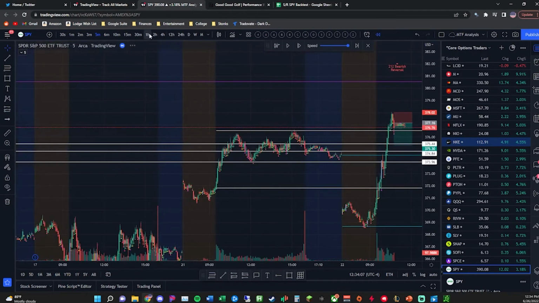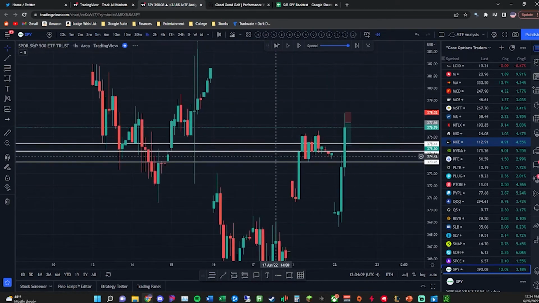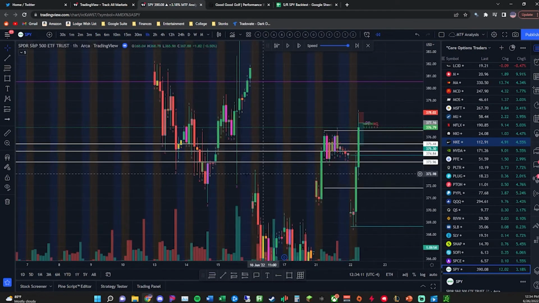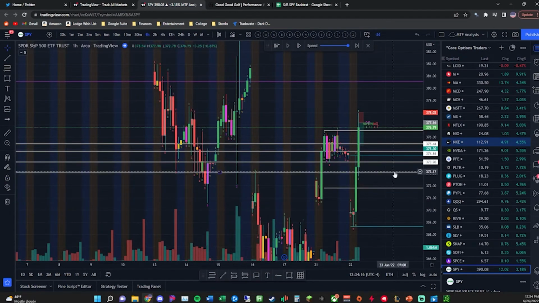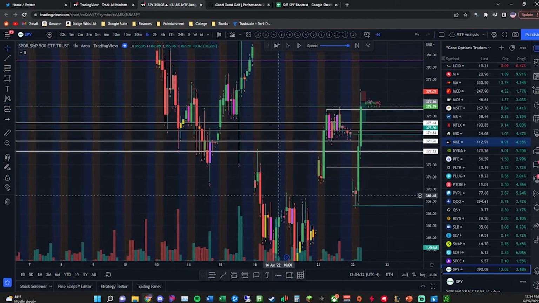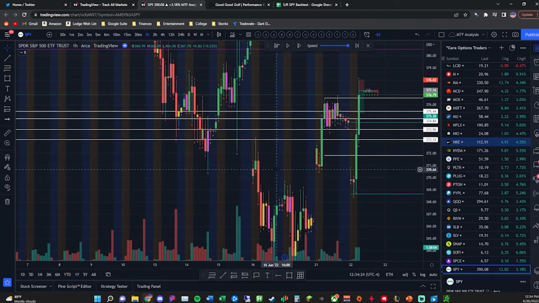Then you can go up in time frames and look for even bigger ones. So I can see on this candle here was a huge resistance zone, 373.12, and that probably will cover most of our resistance areas.